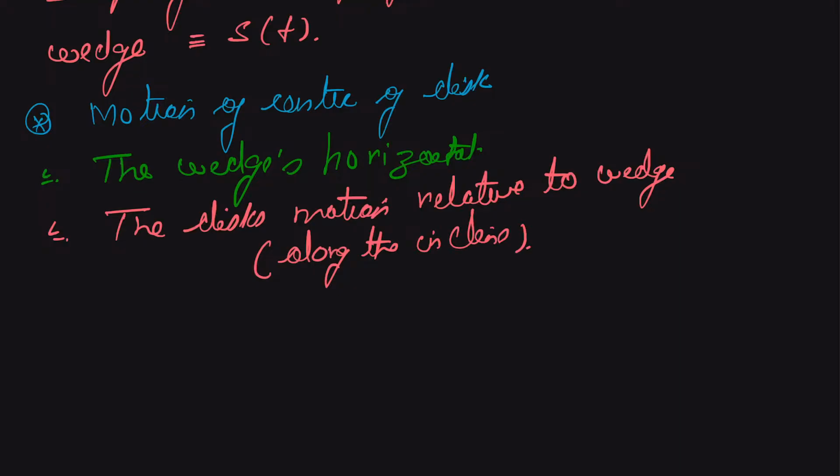So it means the disk is going to have two motions. One will be because of the wedge horizontal motion and the other one will be because of its own motion.